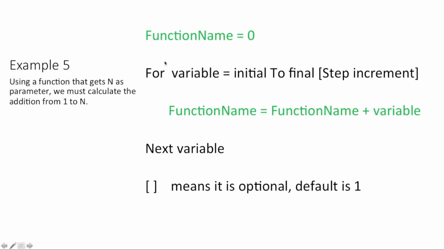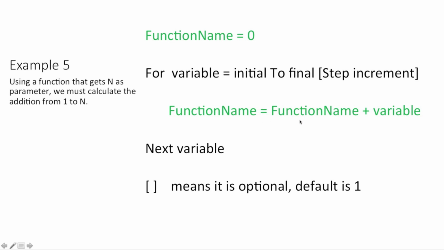So we have to assign 0 to our function name before the loop. Before all this loop, we have to initialize our function name, because then inside the loop that function name will be increased by our variable that is the variable of the loop.